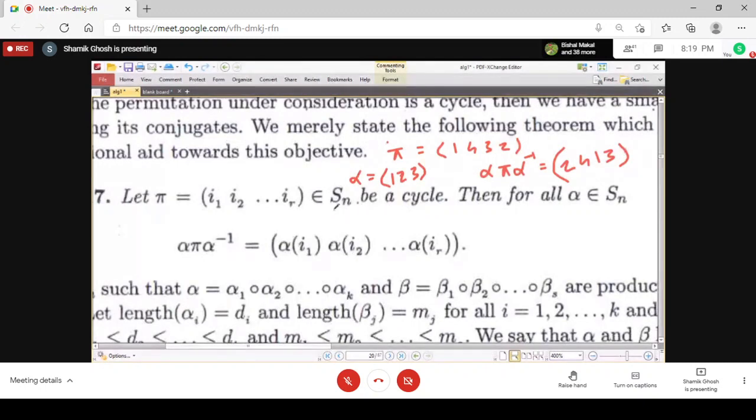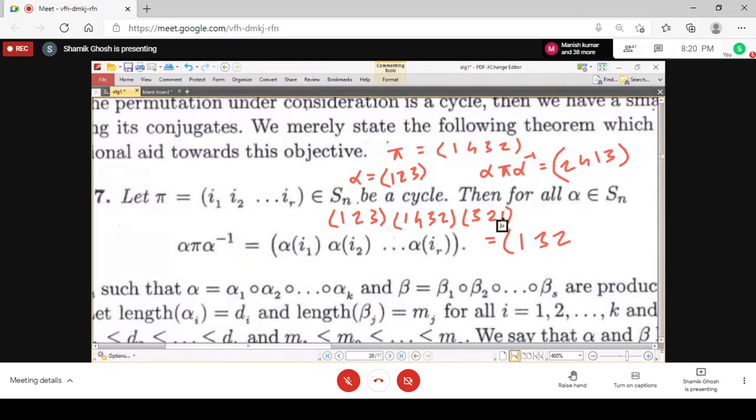If you write this, see (1 2 3), (1 4 3 2), and alpha inverse is (3 2 1). So you see that if you compose them, you start with 1, then 1 goes to 3, 3 goes to 2, 2 goes to 3. So here you get 3. Then again start from 3, 3 to 2, 2 to 1, 1 to 2. So it is 2.